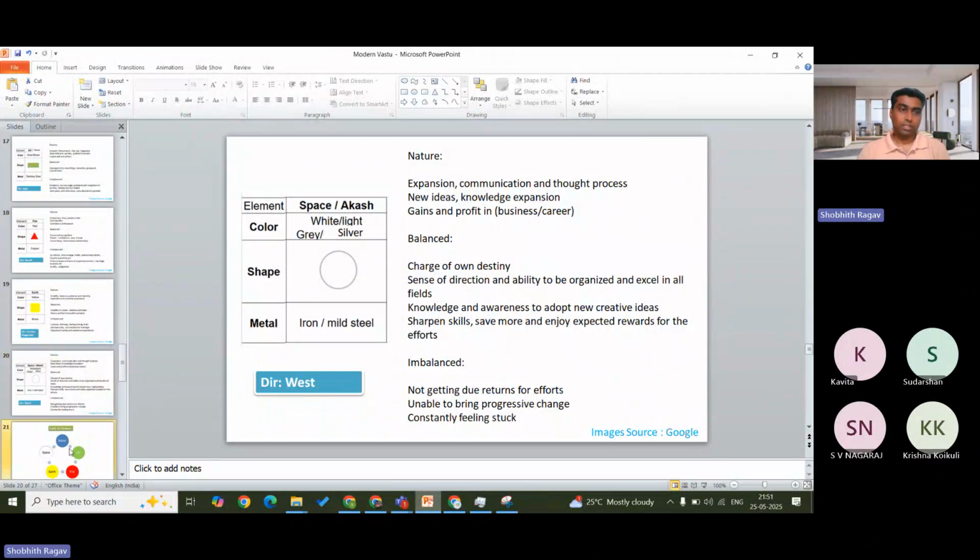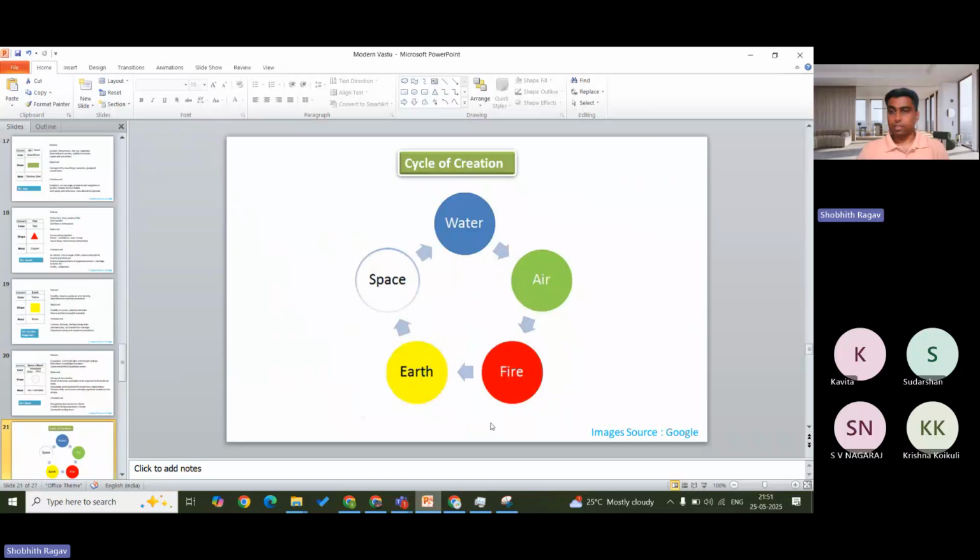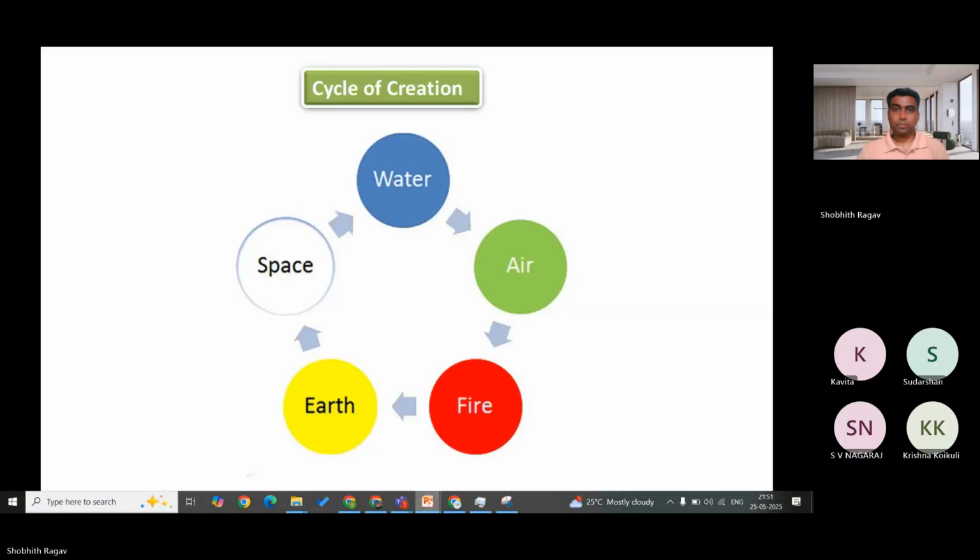In the creation cycle, we always take water as the first element. Water will create air. Air will create fire. Fire will create earth. Earth will create space, and then space will create water. This sequence we have to remember.